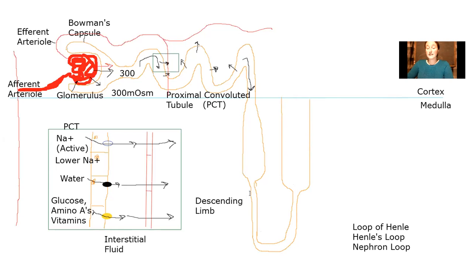This is the descending limb over here on the left, allowing filtrate to go down. One might assume that on this side it is called the ascending limb of the loop of Henle. And again, this is what allows the filtrate to ascend back up into the cortex.